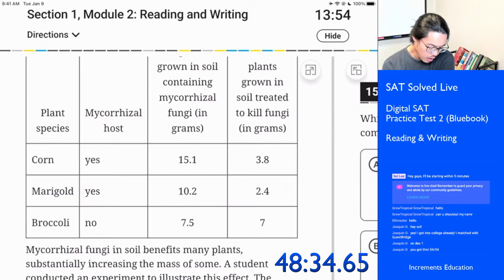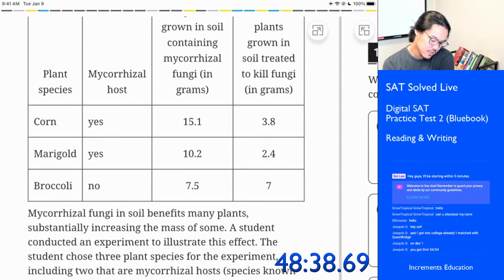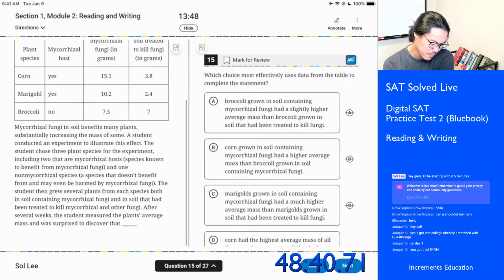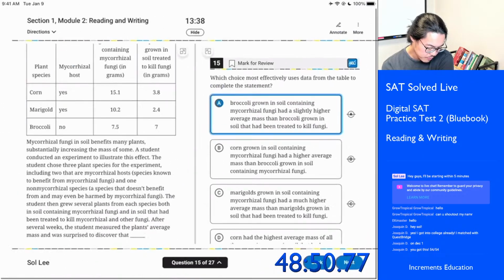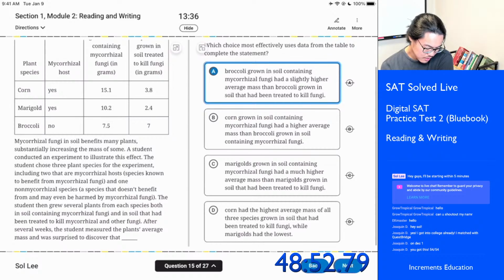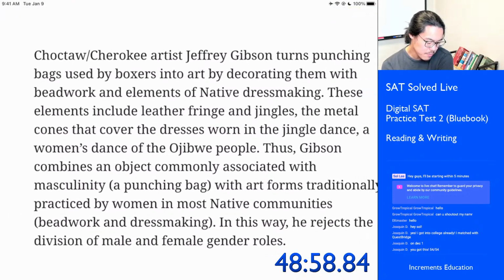And then the 7.5 is slightly greater than the 7, I guess. That's so minor, that broccoli grown at a slightly higher average in soil treated to kill fungi, because this is the opposite of potentially harmed. I'm not going to double check the other answer choices, but that is the only thing that's surprising, so I'll come back to that if I have time.